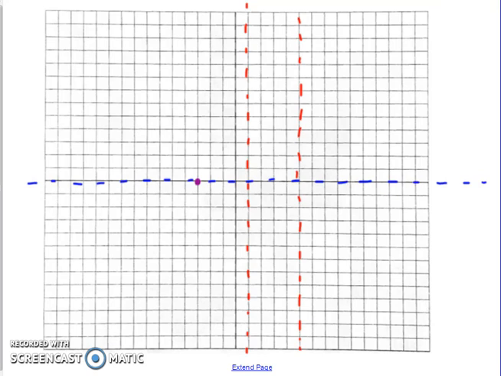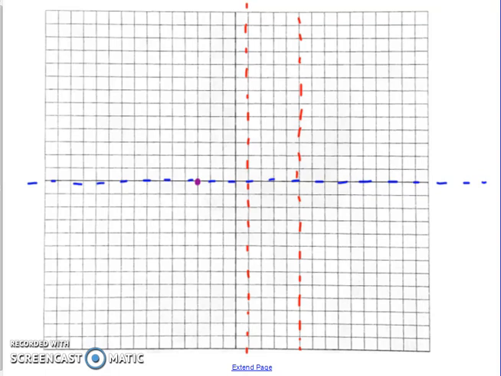But if you look at that x-intercept, negative 3, 0, it's on the horizontal asymptote. That's okay. That can happen. The vertical asymptotes will never, ever be touched or crossed. The horizontal asymptotes, for the most part, are not going to be touched or crossed.